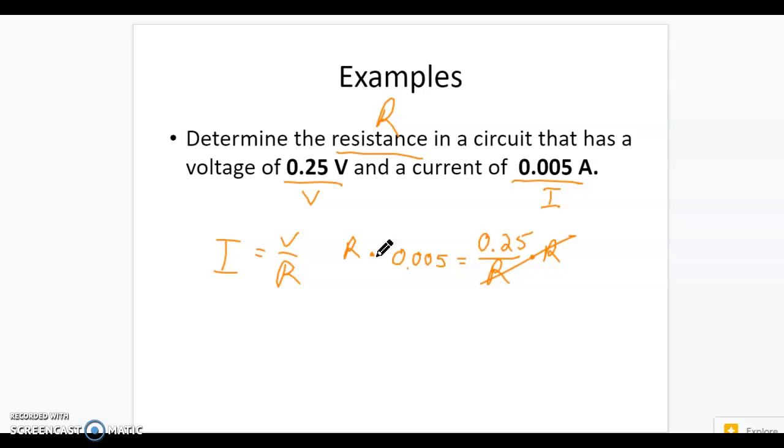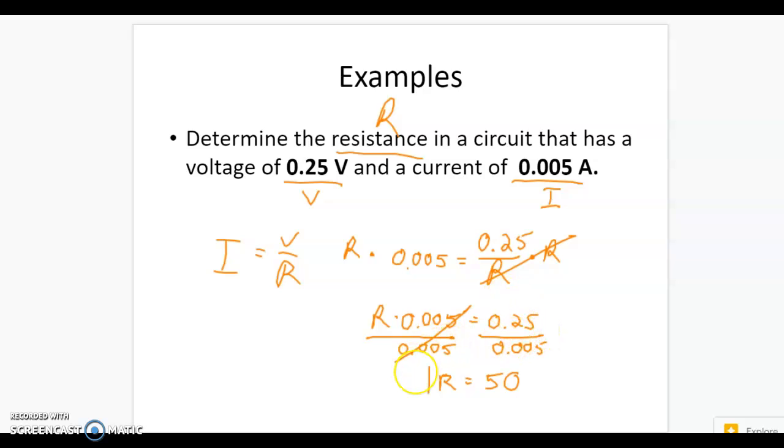And then I have R times 0.005 equals 0.25. Now to solve for R, I have to divide each side by 0.005. Divide by 0.005. Those things, the 0.005s go away on that side. I get my resistance, R, is equal to 50 when I divide these two things.